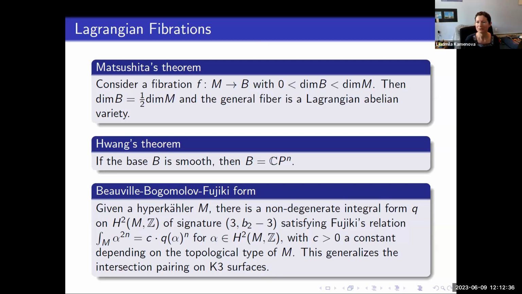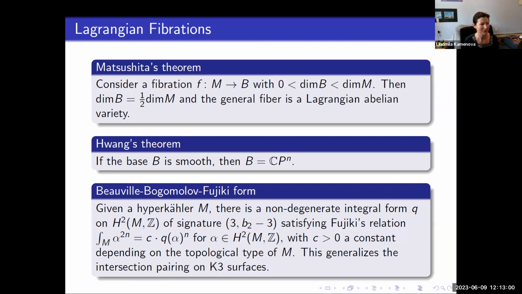So Bogomolov first discovered this kind of relation in his paper from the 70s, when he was trying to prove that there are no hyperkähler manifolds in dimension higher than complex dimension 2.